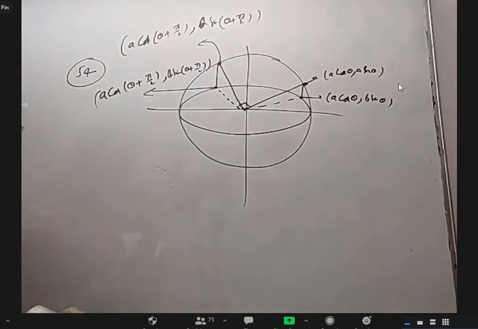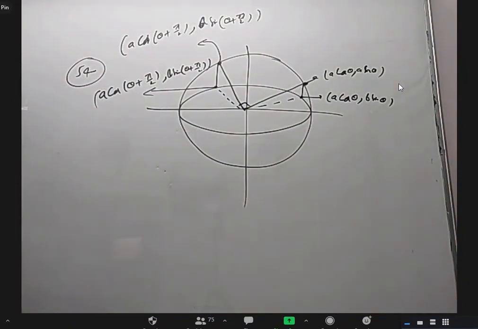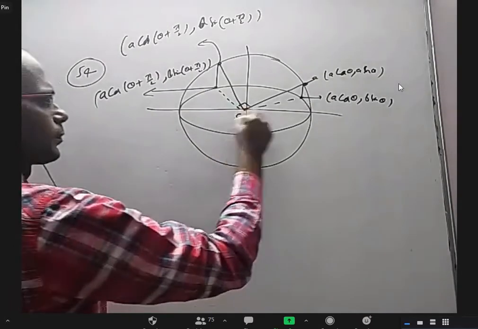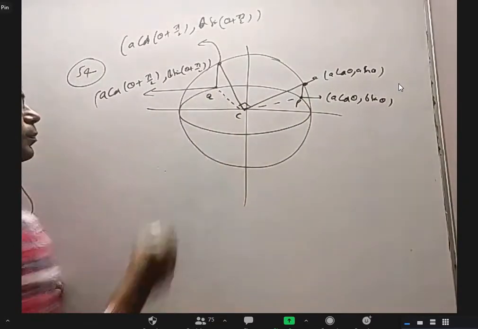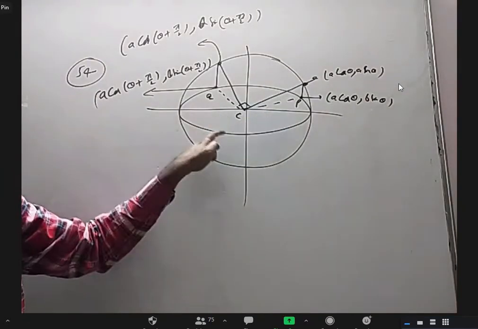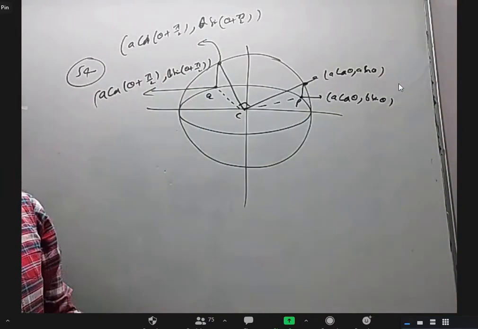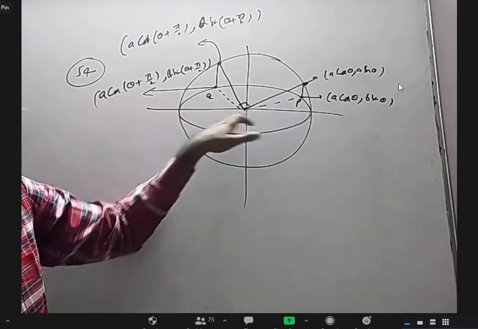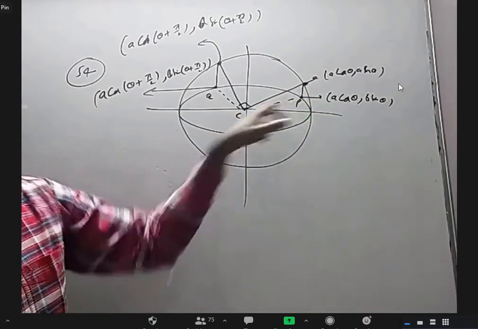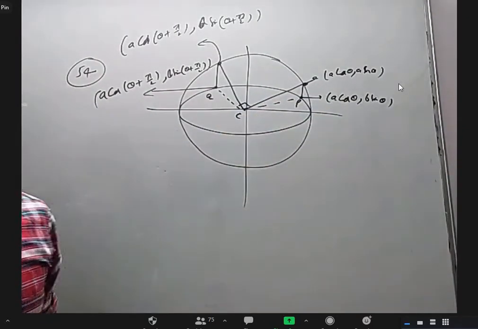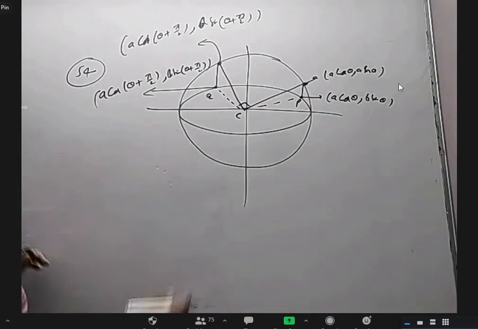It may be more than 90, maybe less than, depending on the situation. So this is C, this is P, this is Q. Don't think angle PCQ is 90 because parametric angles differ by pi by 2. When a cos theta comma b sin theta, it doesn't mean the slope of CP is theta or the inclination is theta. No.